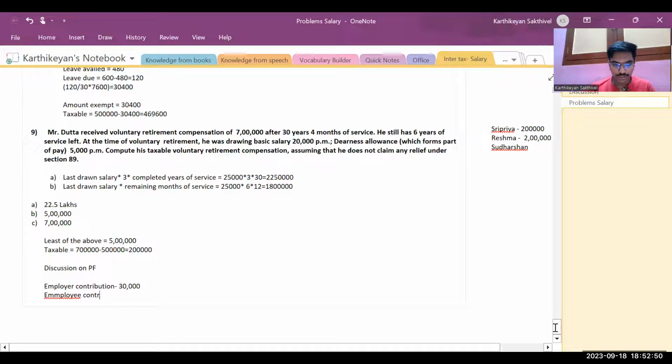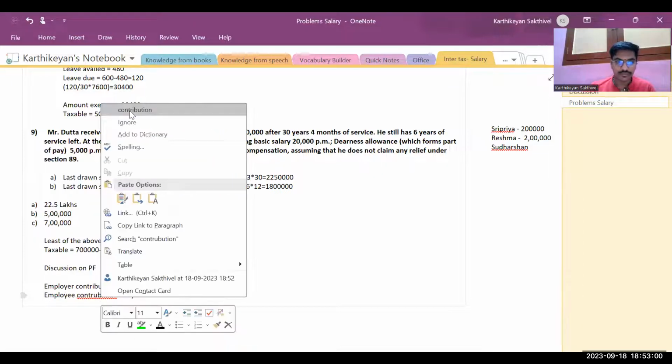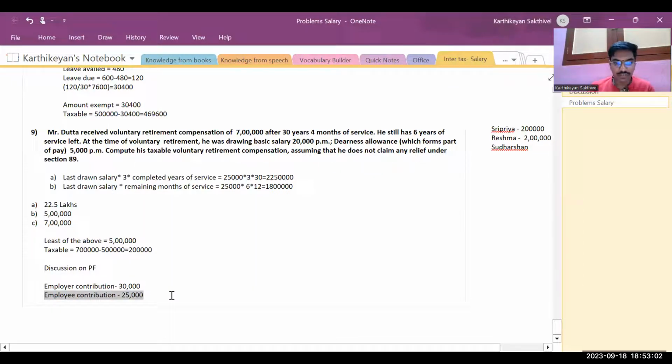Employee contribution is 25,000. This is wrong, I'm aware of it, but just for the purpose of understanding I'm taking two different numbers. Actually, the 25 only should be there. For us to understand, I have taken two different numbers.